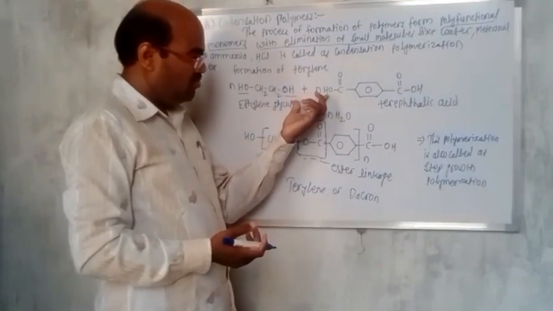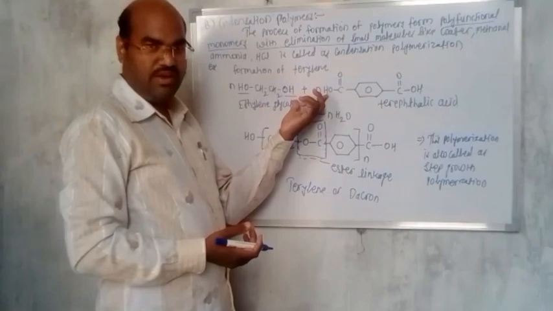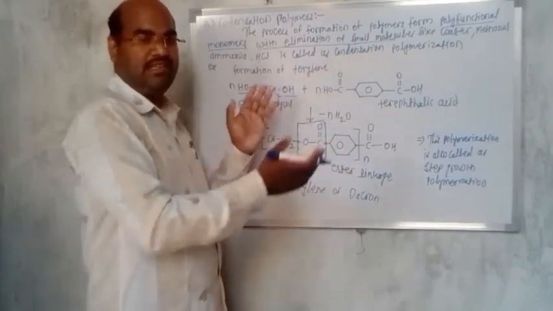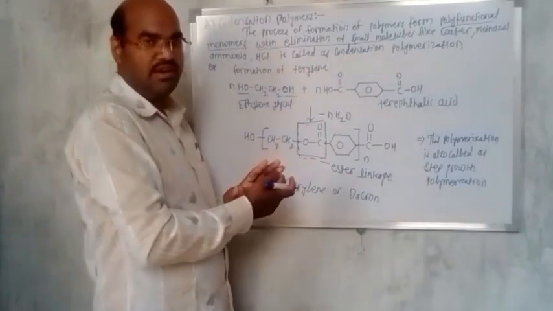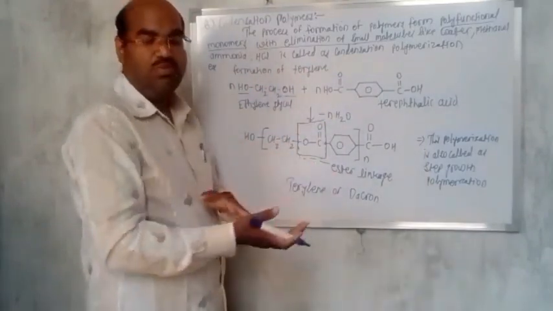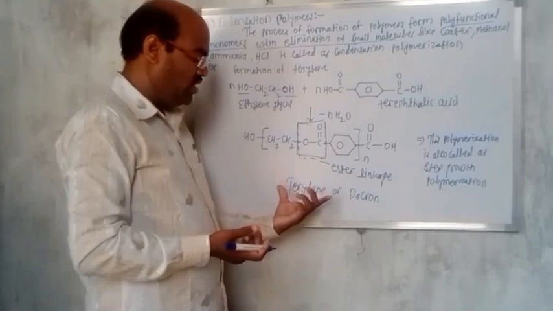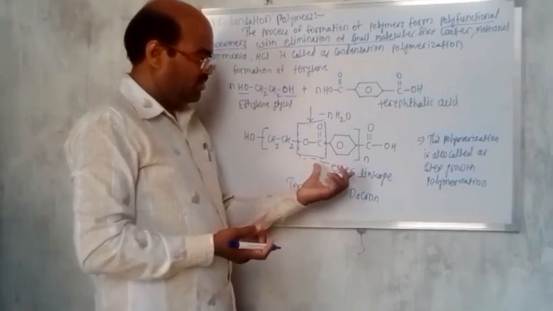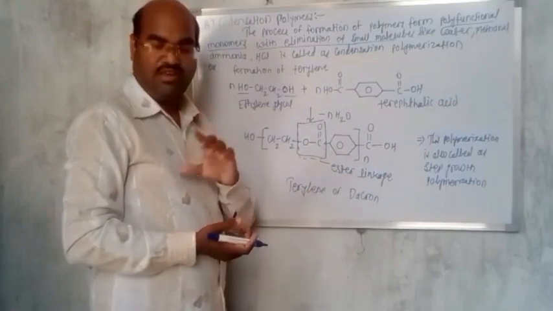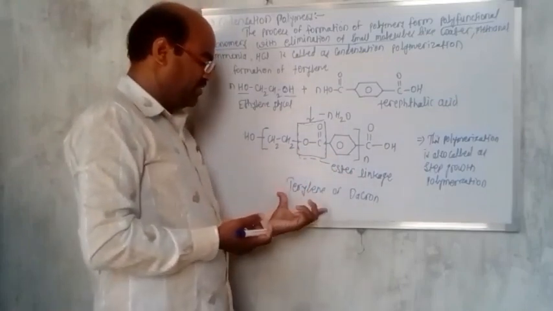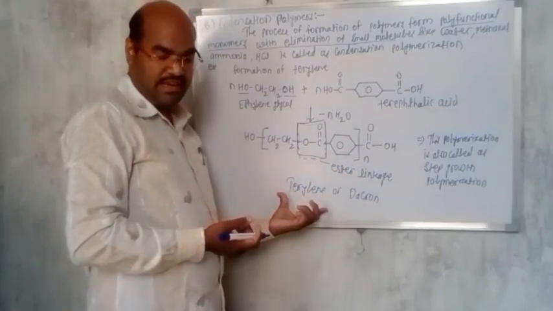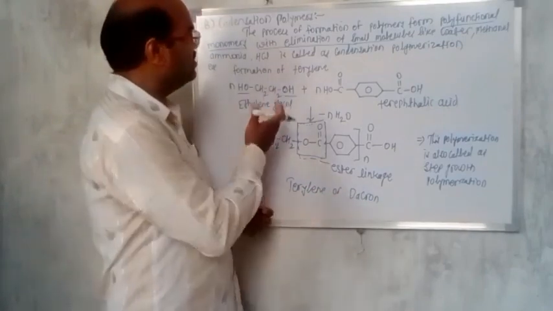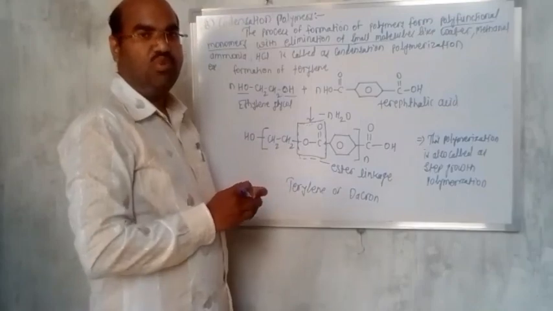First two molecules react with the loss of one water molecule, then a second, a third, and in this way n molecules react with the loss of n water molecules, and we get the polymer. Here there is an ester linkage, hence it is called a polyester, and the name of this compound is terylene, or another name, Dacron. So this is about condensation polymerization.